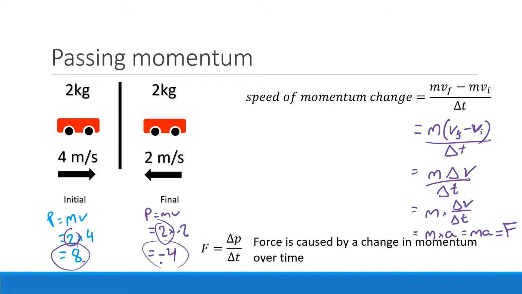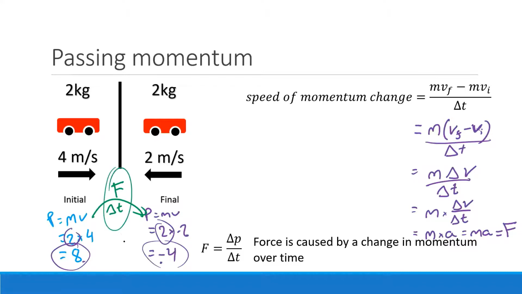The only way for that momentum to go from a forward momentum of 8 to a backwards momentum of 4 is with a force. But not only that, we need to apply that force over a specific amount of time.